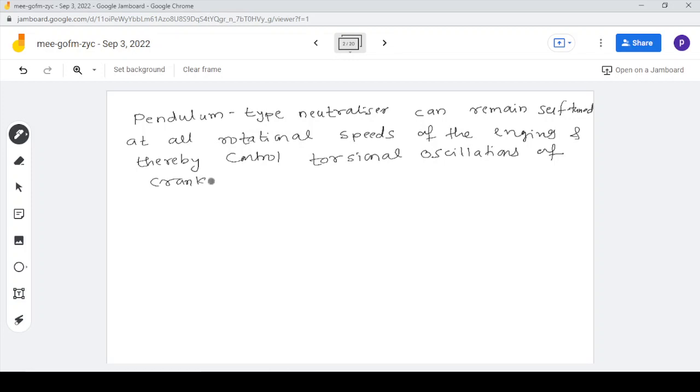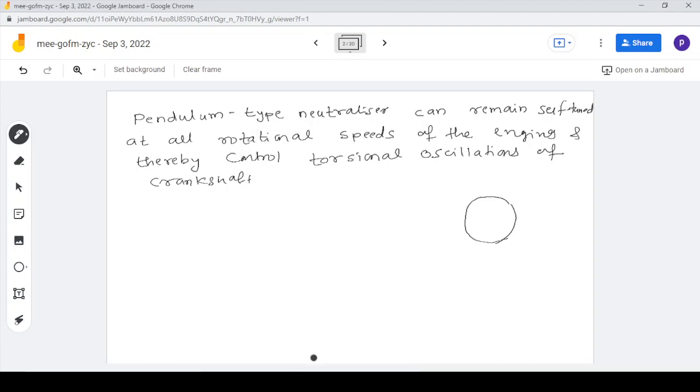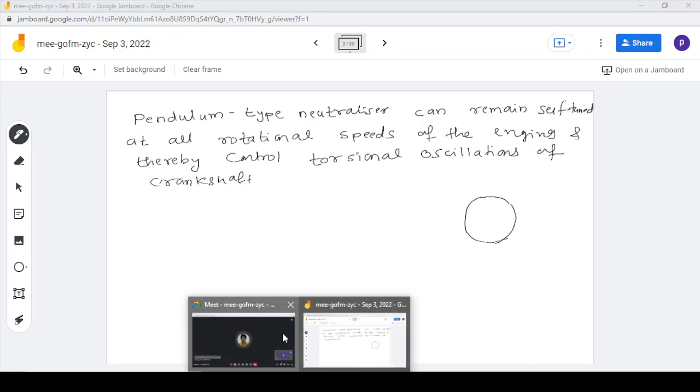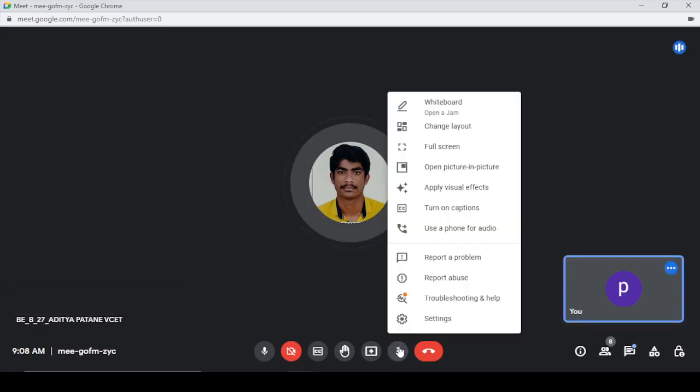So for that, consider a pendulum with its support rotating in a horizontal line. Hello, sir. Yes, go ahead. Screen is not visible. Sir, you shared the Jamboard, so I guess I'm looking at that Jamboard. We are not sharing a screen. Can you see the Jamboard or not? Yes, sir, it's visible.